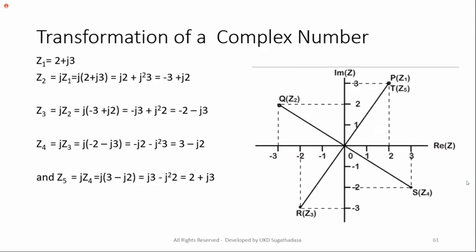From the diagram also you see that if you rotate Z4 by 90 degrees, it comes to the original position of Z1. That means Z1 and Z5 coincide, one on top of the other.